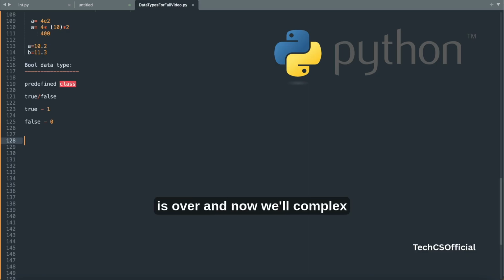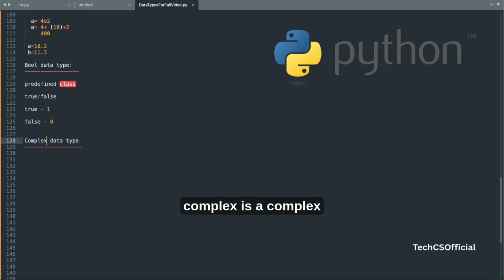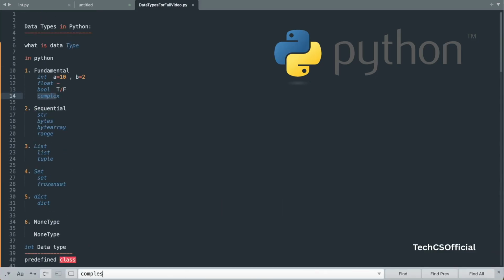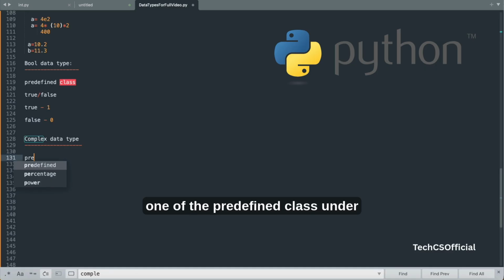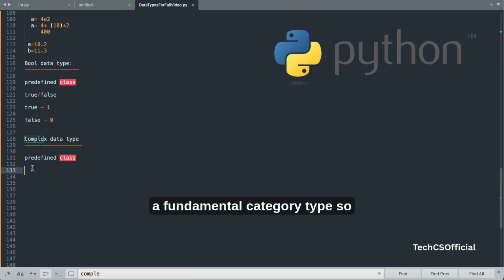Now, Boolean is over, and now we'll look at complex. So complex data type we can say. Complex data type is also one of the predefined classes under the fundamental category type.